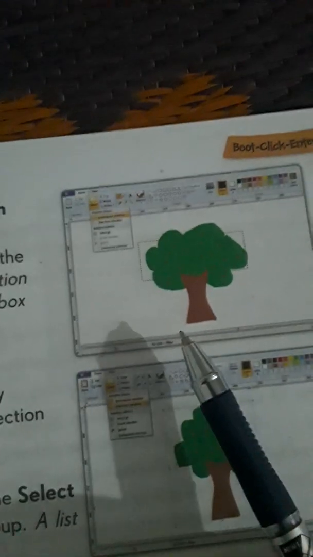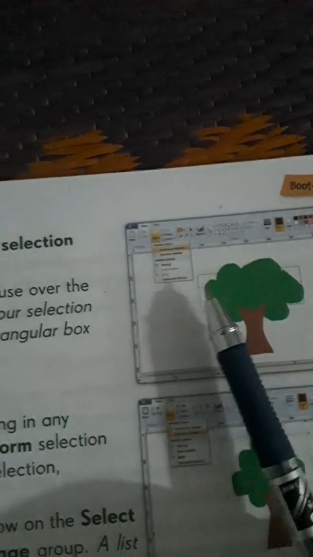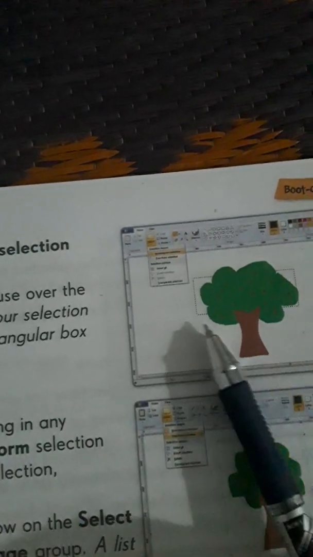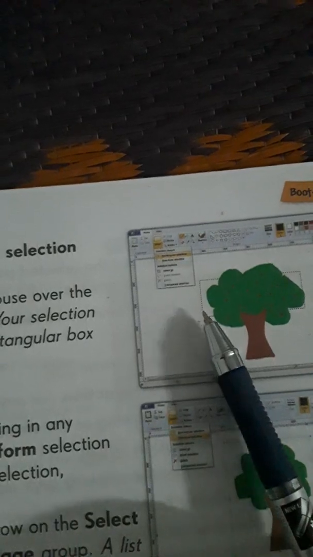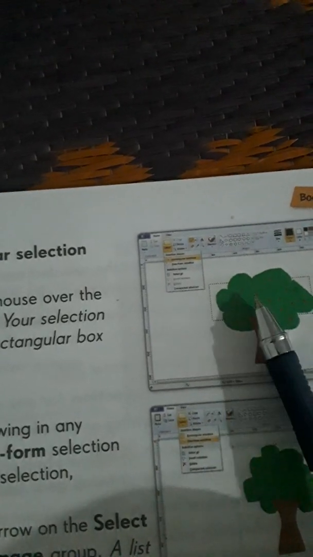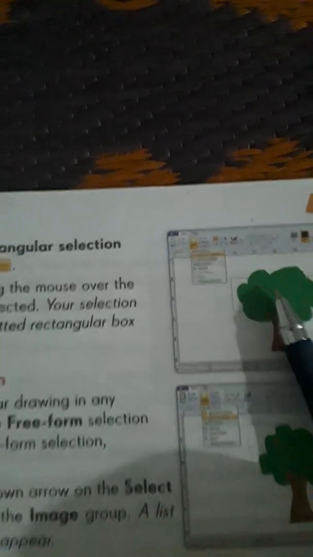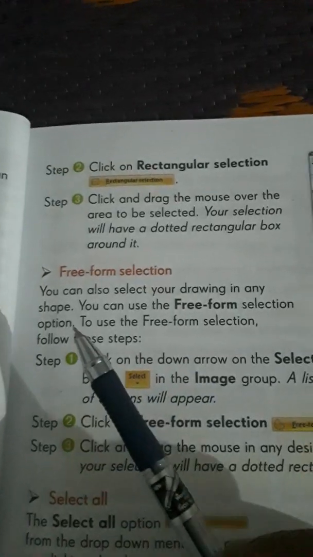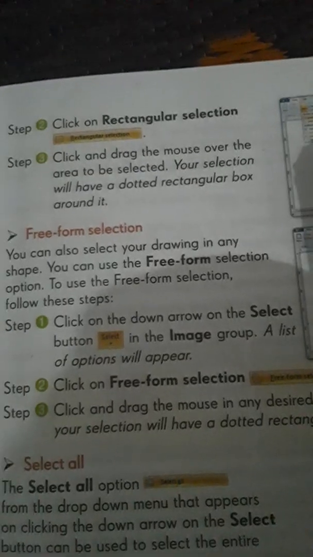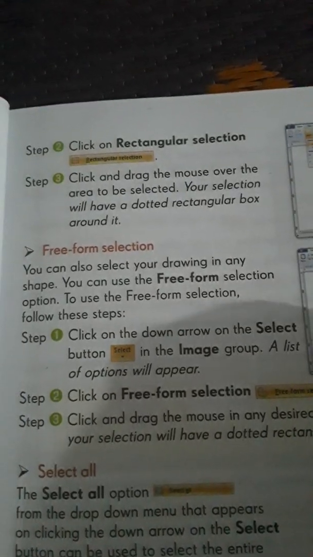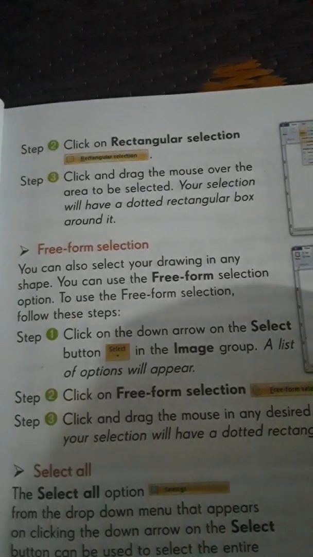Here the figure has been given. You will see clearly that there is a rectangular box with dots for the selection. Okay, it is for rectangular selection. We can select this part and we may take it out from here.